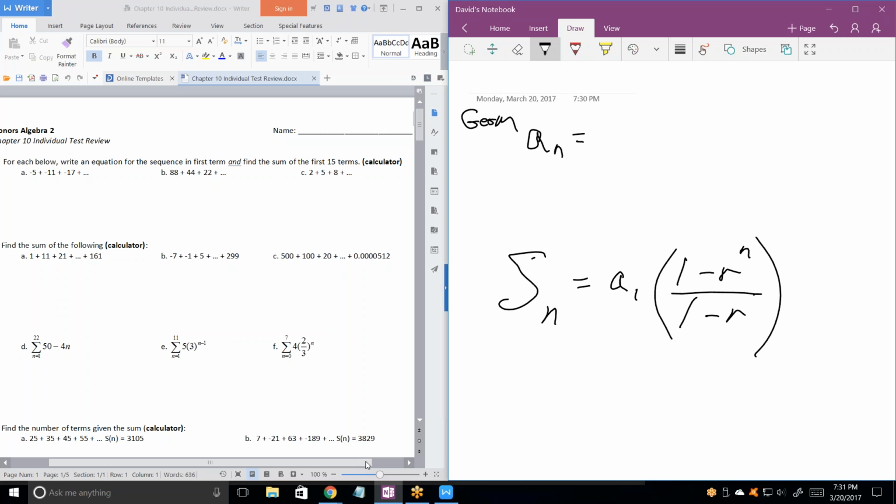You can give me the specific. You don't have to start with the general. Okay, so 500 times 0.22 the n minus 1. And now they're telling us that some nth term is equal to 0.00000512.